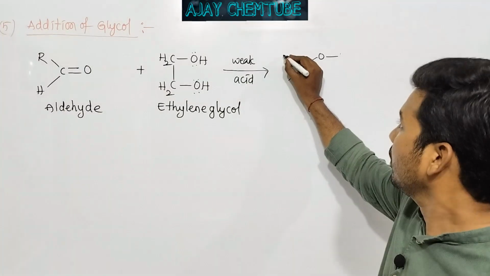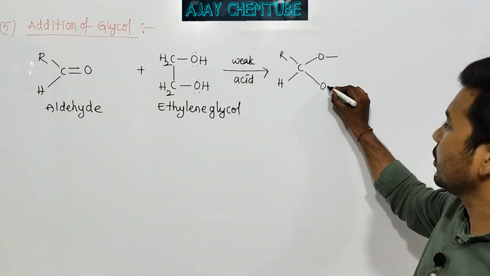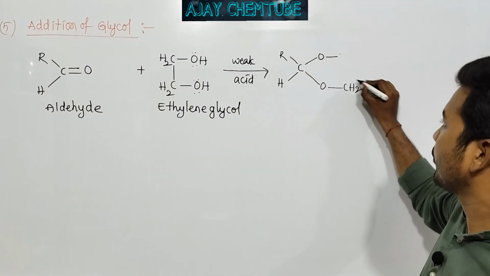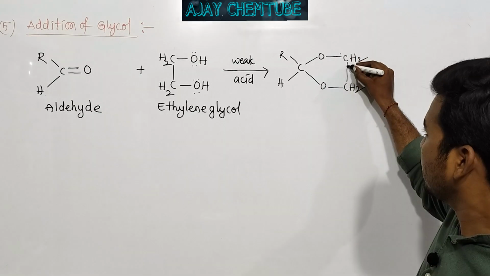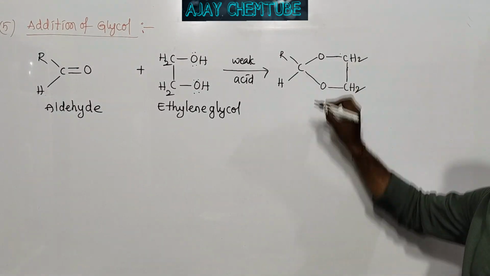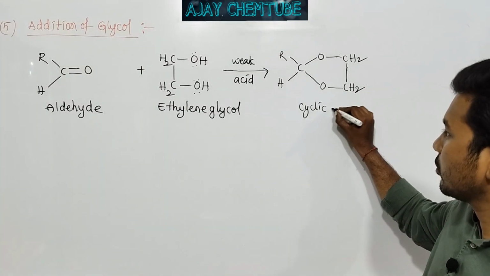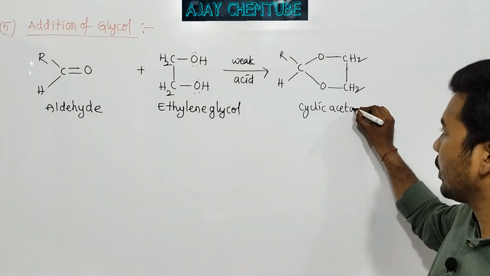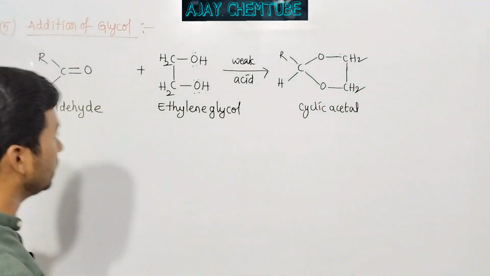So this is R and this is H. It will become a cyclic acetal formation. At the primary carbon, two OR groups are present. Cyclic acetal. If you take aldehyde, acetal. If you take ketone, that becomes ketol, cyclic ketol.